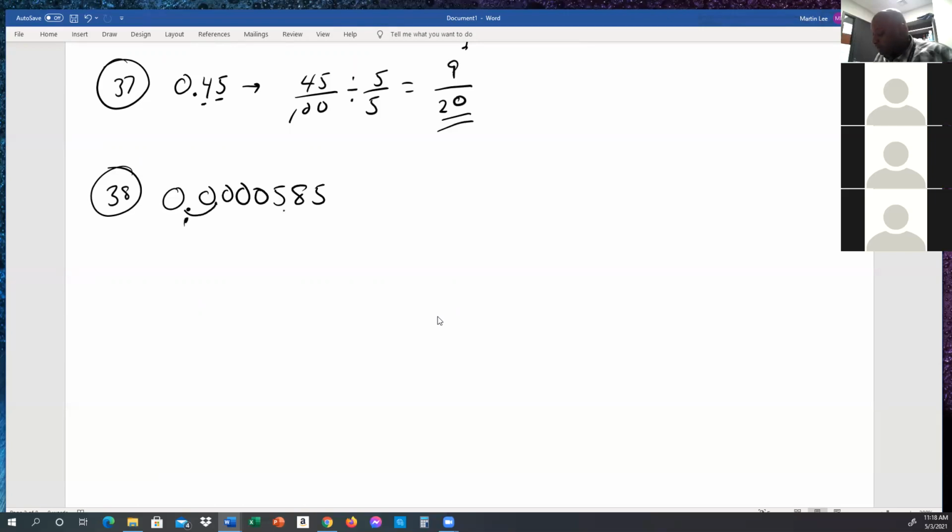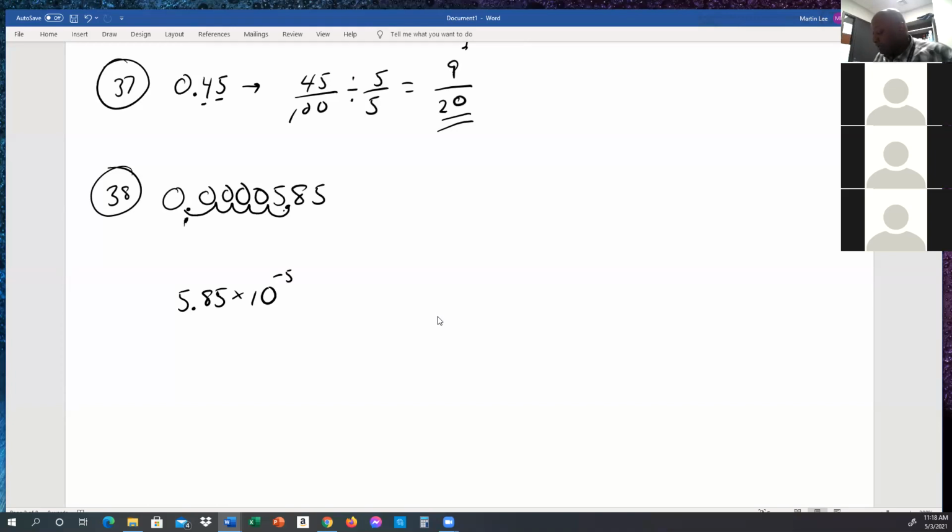So 1, 2, 3, 4, 5. So we're going to have 5.85 times 10 to the negative 5.